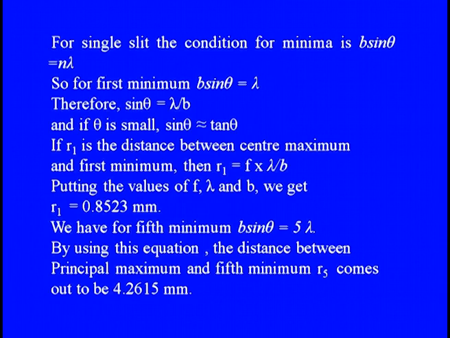Putting the value of focal length, lambda and b in this equation, we get r1 equal to 0.8523 millimeter. For fifth minimum, b sin theta should be equal to 5 times lambda, and by using this equation the distance between principal maximum and the fifth minimum R5 comes out to be 4.2615 millimeter.